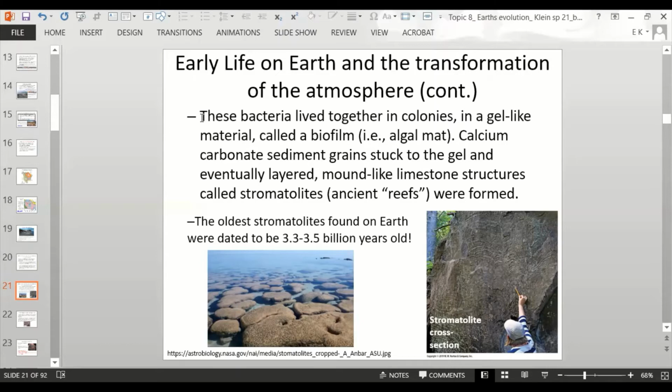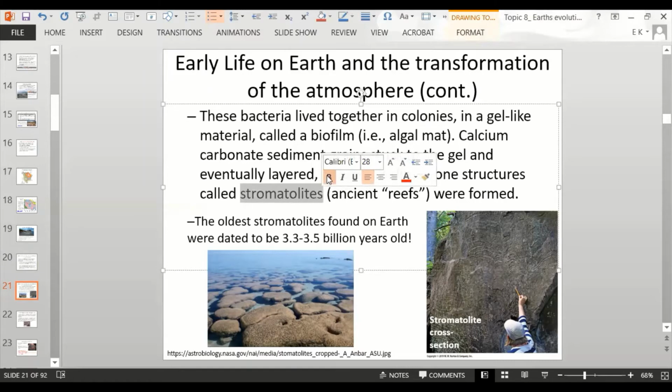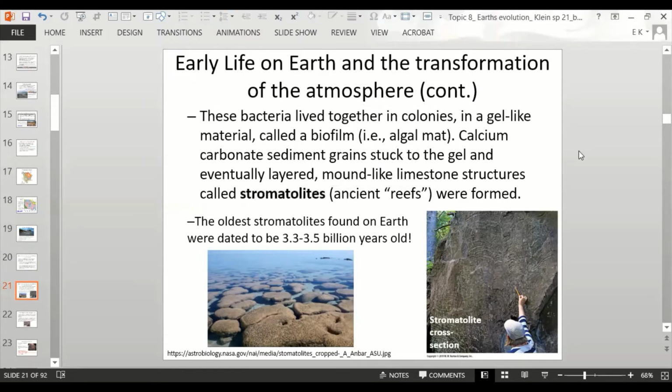The grains of sediment got stuck to the gel, and eventually you have these layered mound-like limestone structures that formed, and these are called stromatolites. And they form these ancient reefs. So it's not a coral reef, it's a stromatolite reef made as a result of these cyanobacteria.